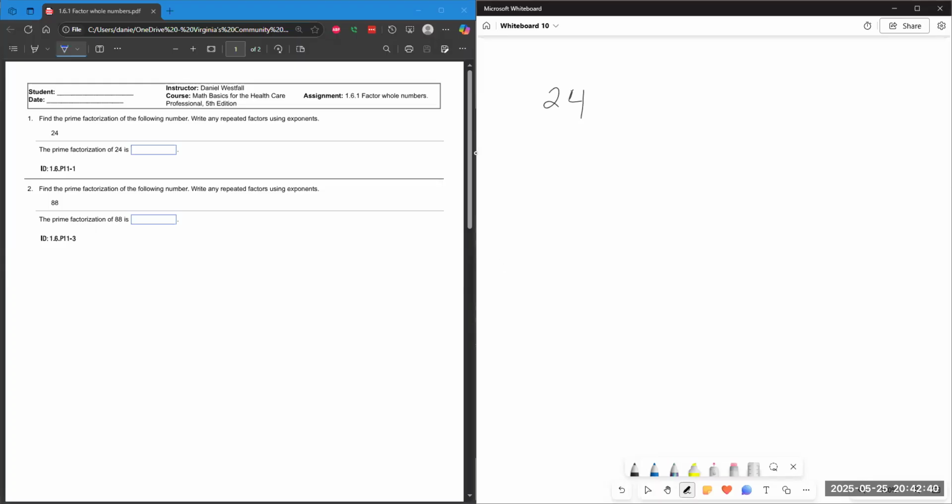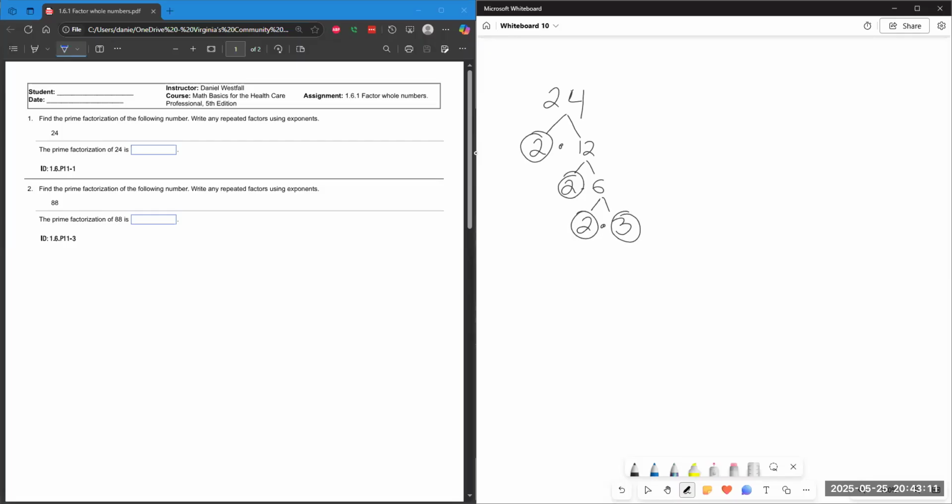So let's look at this here. It's an even number, so we're going to start with 2. It's 2 times 12, and then 12 is still an even number, so that's 2 times 6, and 6 is an even number, so that's 2 times 3, and here are my prime numbers, 2s and 3s.